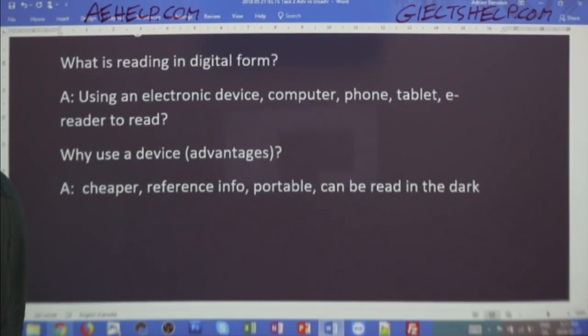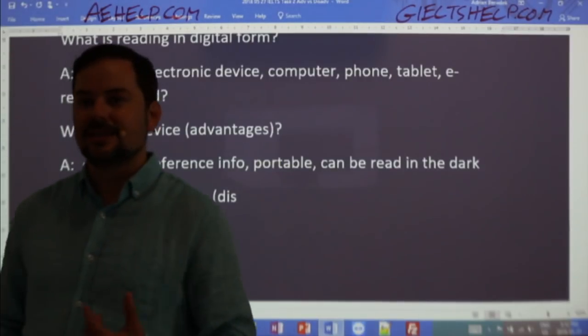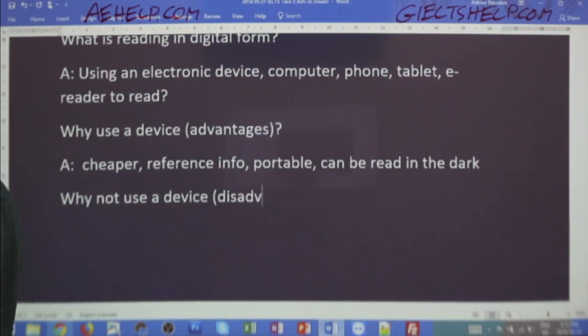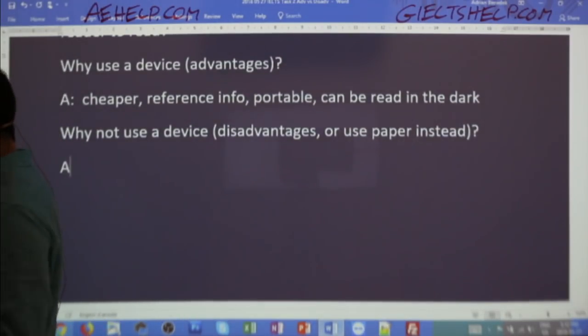Okay. Now, there's a second question here that's very important, is why not use a device? So this is the disadvantage, because the question is, do the advantages outweigh the disadvantages? Okay, so any answer to this one?